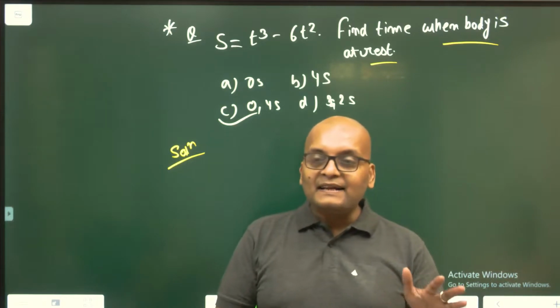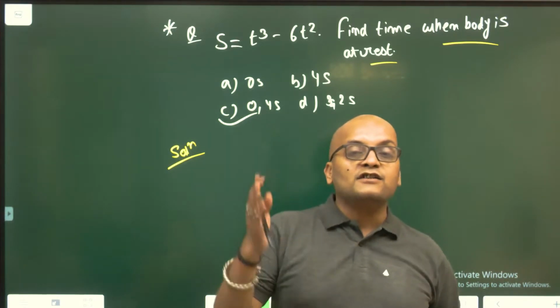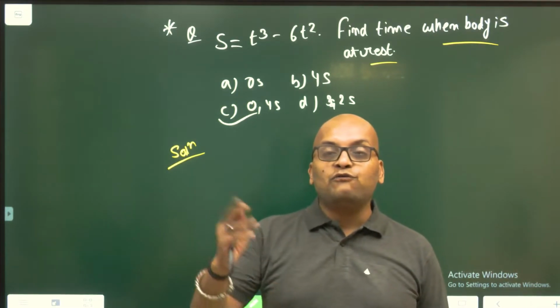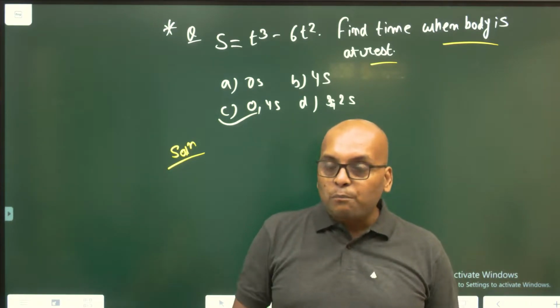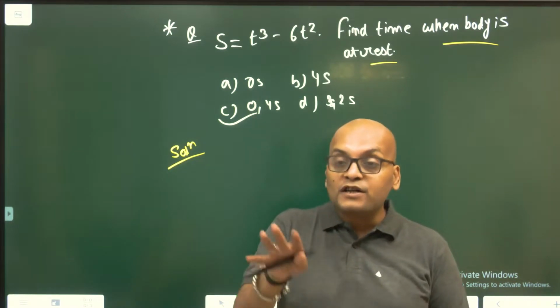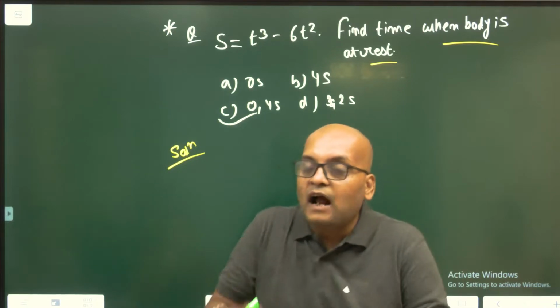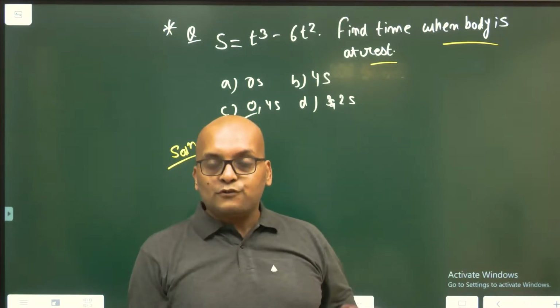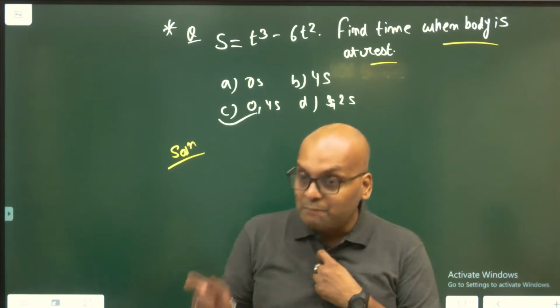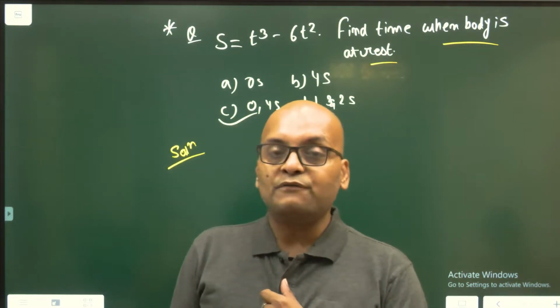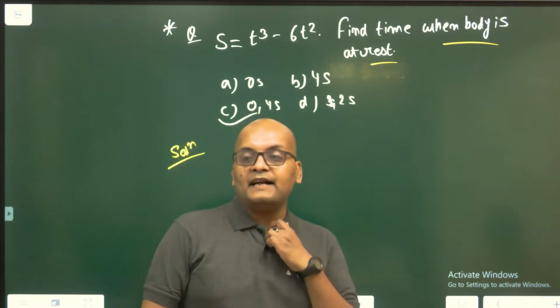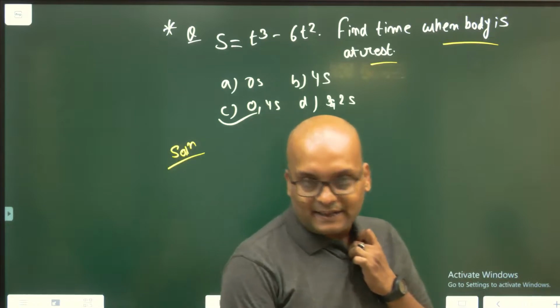But if I tell you body starts from rest with an acceleration of 5 meter per second square, body's velocity is not 0, body is not at rest. It started its motion from rest. So if displacement is 0 doesn't mean that body will be at rest. Getting my point or not?